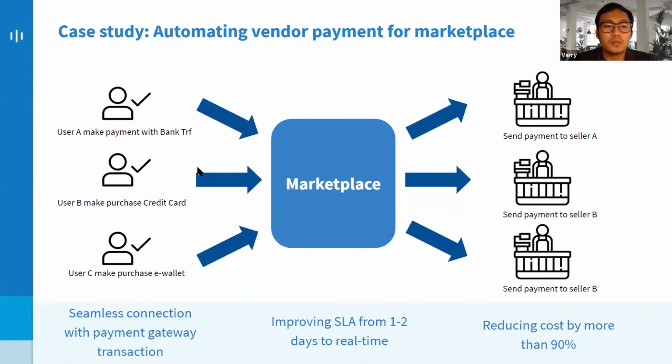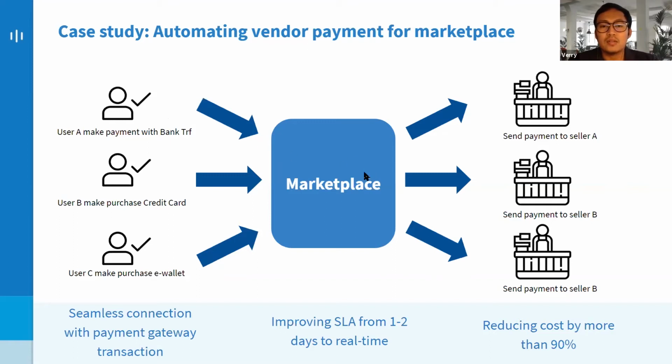So basically, we can connect Iris with the payment gateway solution offered by Midtrans. Once the platform accepts payment from customers through different payment methods, the transaction will be reconciled by the marketplace, and then the marketplace will create the payout instruction based on which seller this particular user made a purchase from.